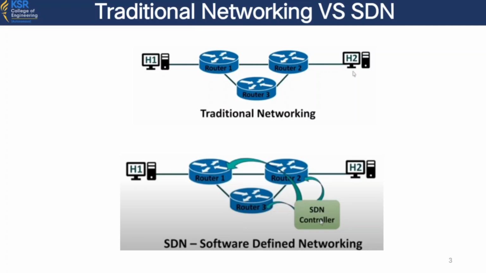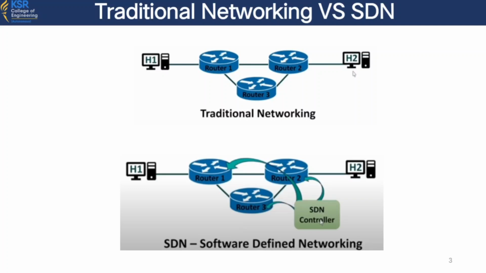Let us assume router 1 forwards the data to router 2. Once the data reaches router 2, router 2 will look at its routing table and forward the data to computer H2.